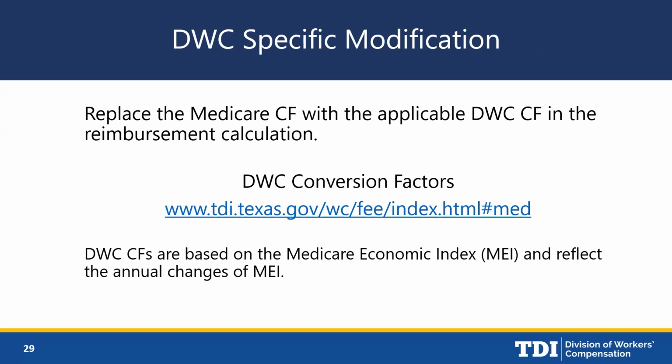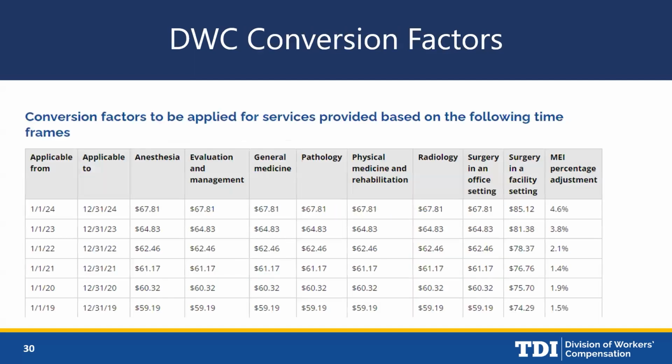The DWC conversion factors are found on our website, and they are based on the Medicare Economic Index, or MEI, if you will. So that MEI is based on the cost and goods of services to be provided. I'll show you on the next slide.